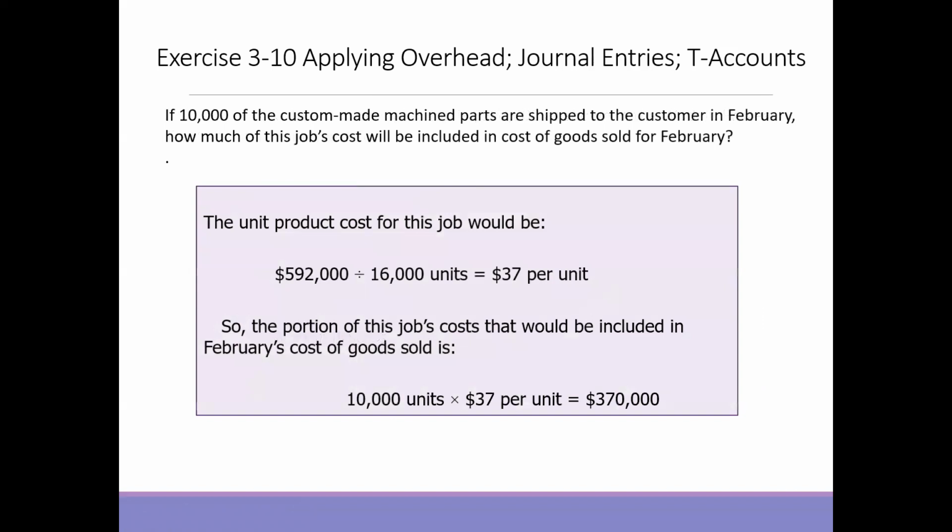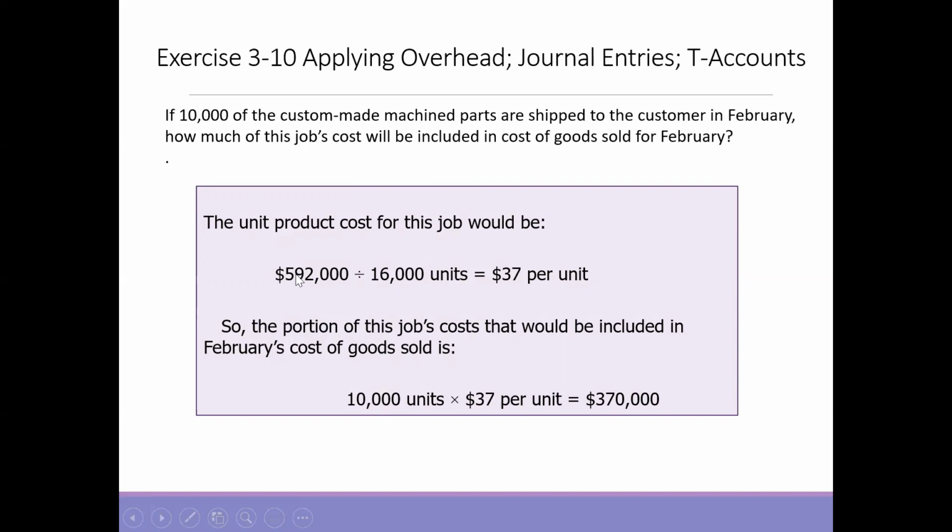If 10,000 of the custom-made machine parts are shipped to the customer in February, how much of this job's cost will be included in cost of goods sold for February? We have our cost of the entire product, 592.